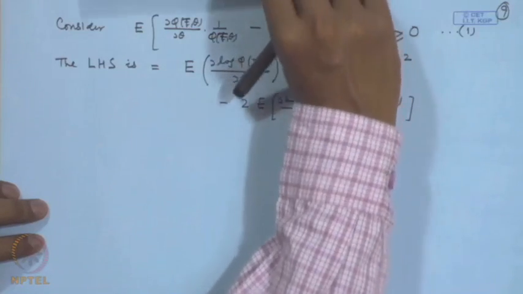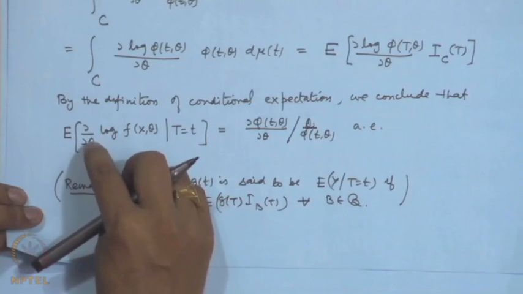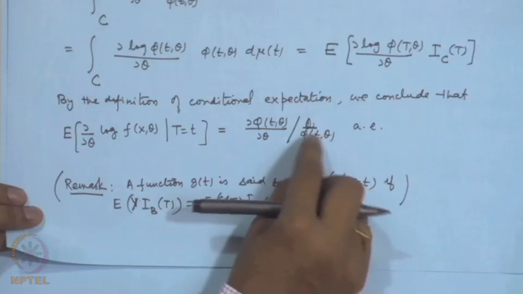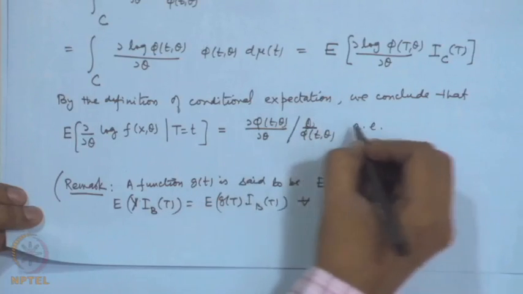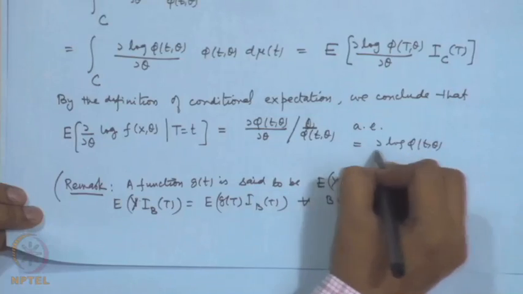At this stage you notice here that the conditional expectation of ∂/∂θ log f(X, θ) given T is this term, that is ∂ log φ(t, θ)/∂θ.